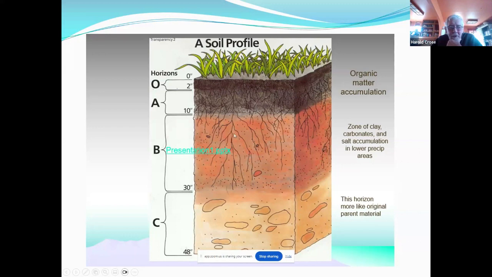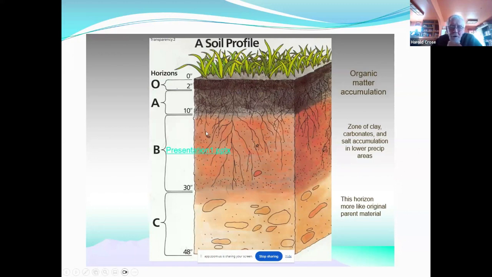You know, it doesn't make any sense to be filling this profile up and looking all the way down here to what the parent material would be and thinking about controlling water at this depth. We just don't do it. Typically, on most of our crops, we're controlling water in the top 24 inches of the soil profile. And more importantly, probably in the top 12 inches.